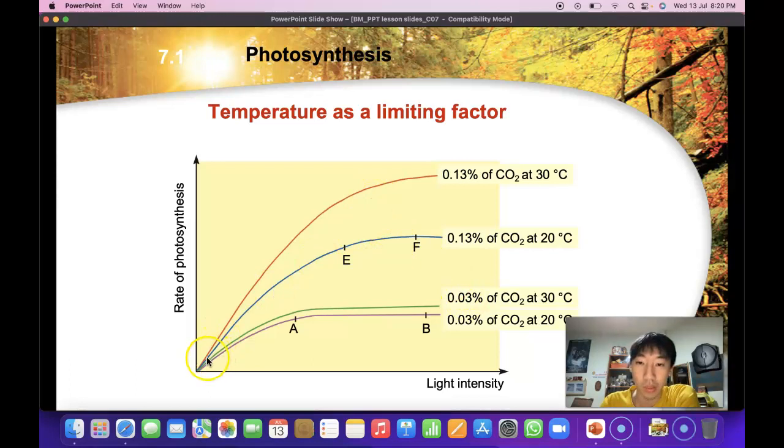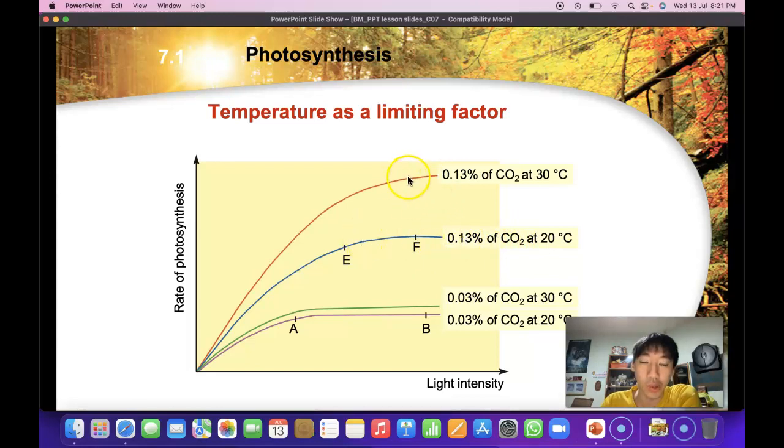For the blue line, we see that it starts to increase as light intensity increases up until around this area, where it no longer increases. The blue line is 0.13% of CO2 at 20 degrees Celsius. So it's definitely higher than the bottom two, because there's a lot more carbon dioxide being supplied to it.